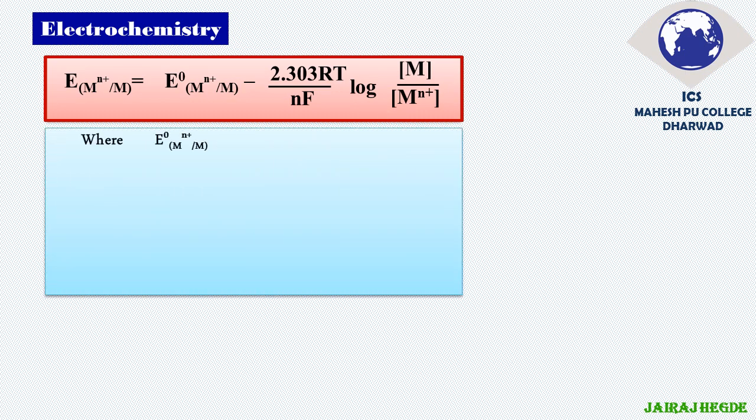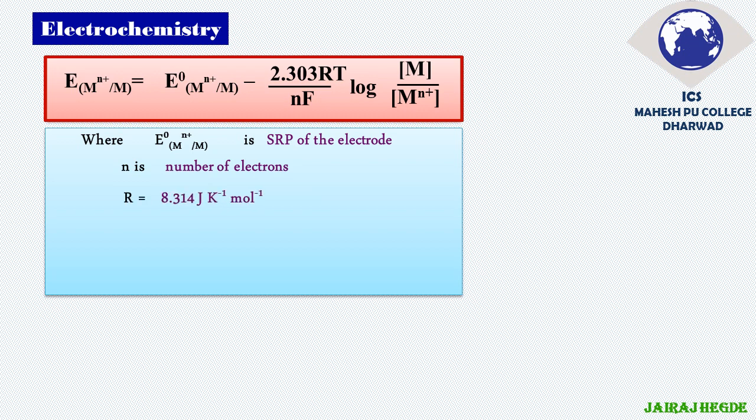Here, what are the values? E naught is the standard reduction potential of the electrode, and n is the number of electrons changing during the reaction. R is the universal gas constant, 8.314 joule per mole per Kelvin. F is Faraday.